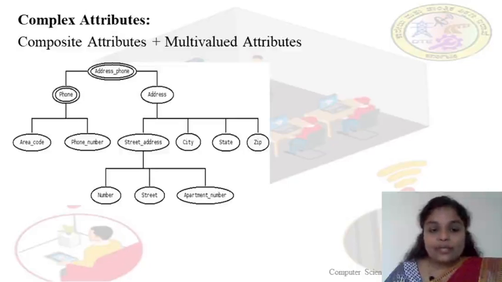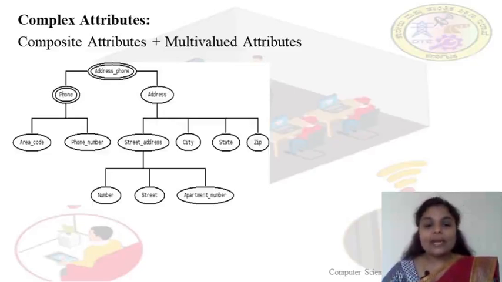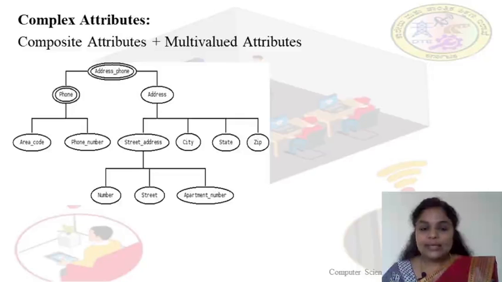I'll go to the first one, that is address phone. It's a big complex example they have given here. Address phone is multi-valued because, as I said, if a person has two houses, those two houses will have their own phones.